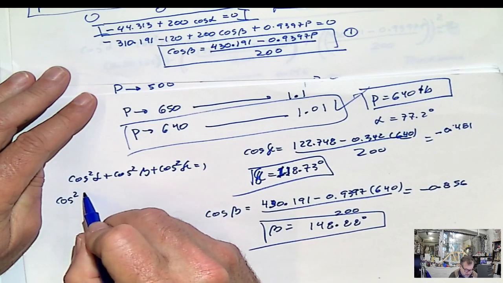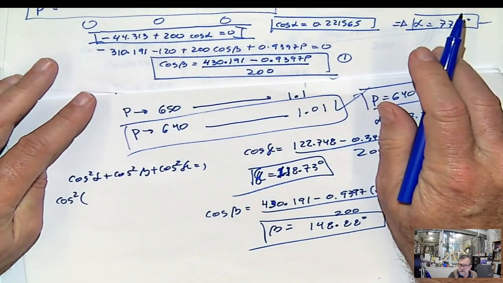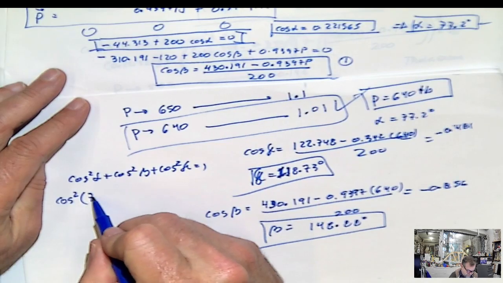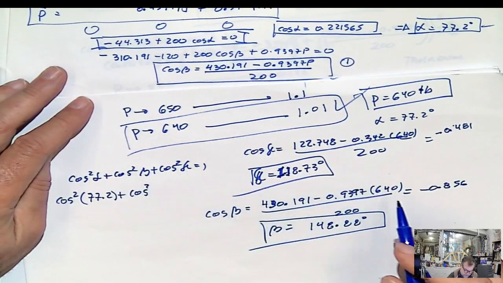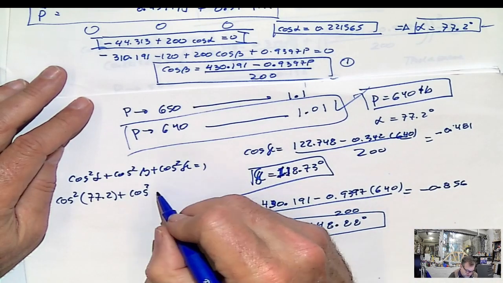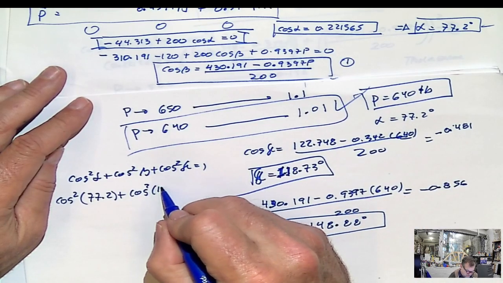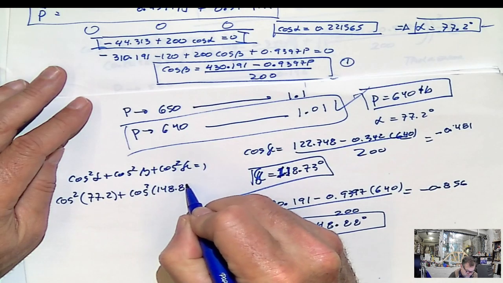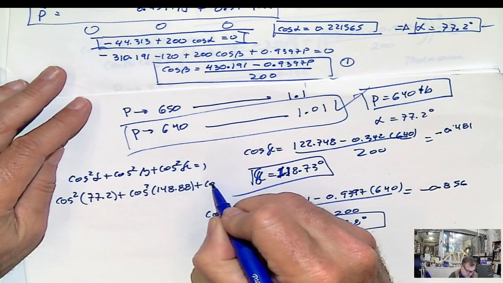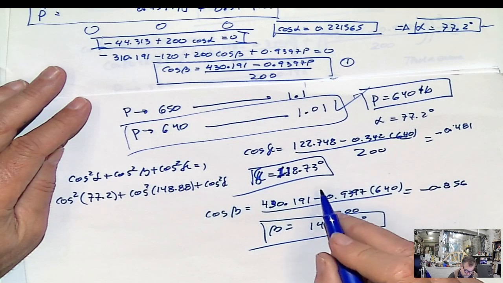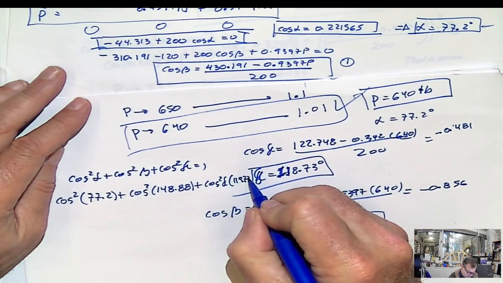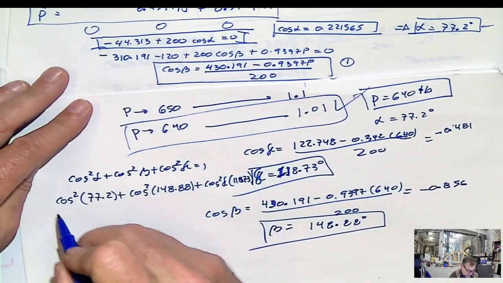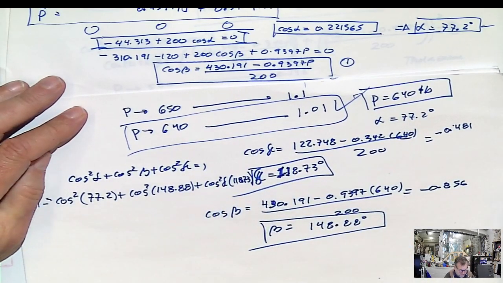Cosine squared alpha, 77.2, plus cosine squared beta, 148.88, plus cosine squared gamma, 118.73, and that has to be equal to 1.